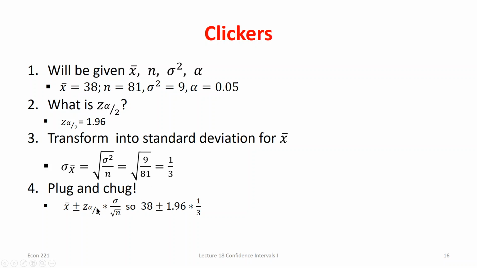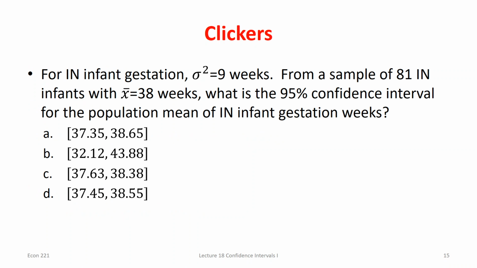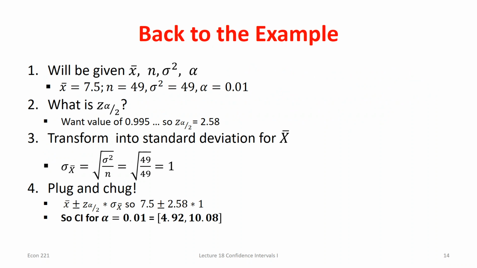Now I plug everything in here. Now notice, I wrote this in here because you could, instead of doing the intermediate calculation and plugging that in, so if we go back to the previous one, notice here I wrote it as the standard deviation of my sample mean. So when I calculated that, I could just plug it in.